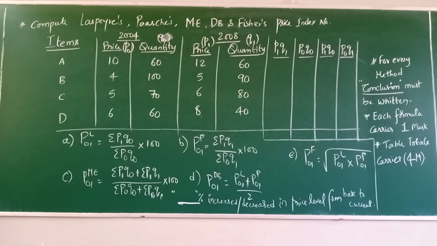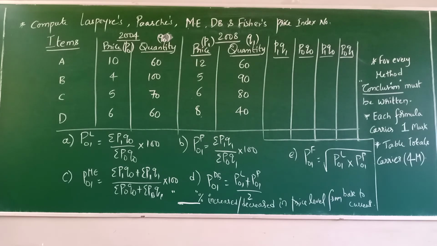The sum of both Laspeyres and Paasche divided by 2, half of the sum of Laspeyres and Paasche. Otherwise, the arithmetic mean, A plus B by 2, Laspeyres plus Paasche by 2. The arithmetic mean of Laspeyres and Paasche, that is the relation considered in Dorbish-Bowley.